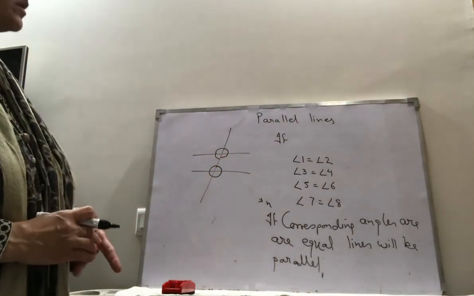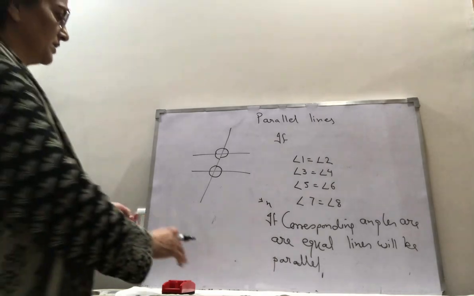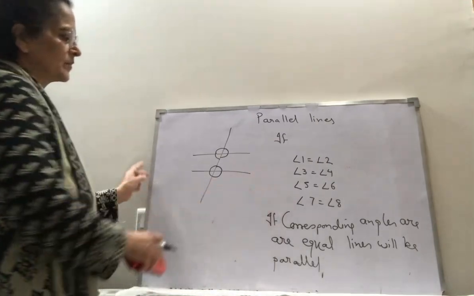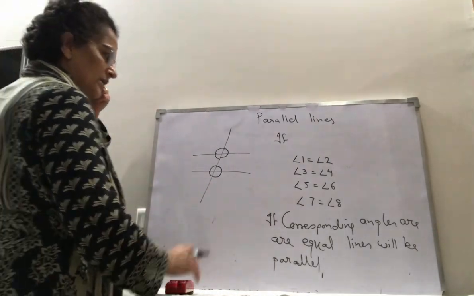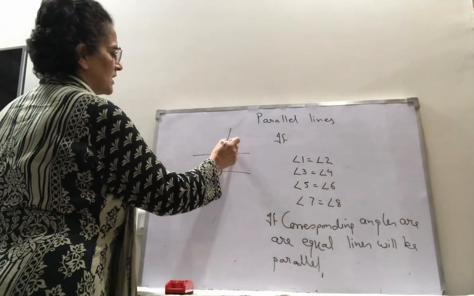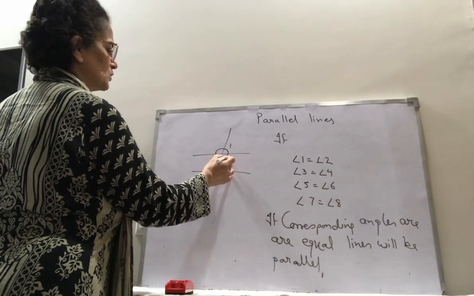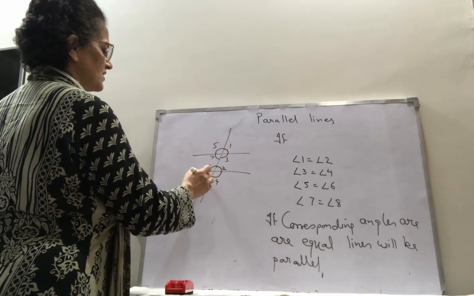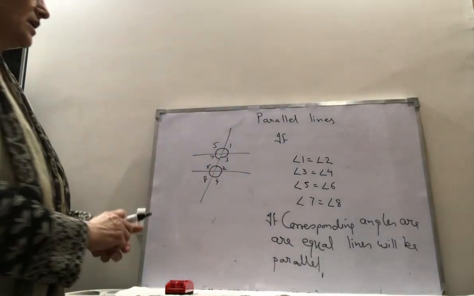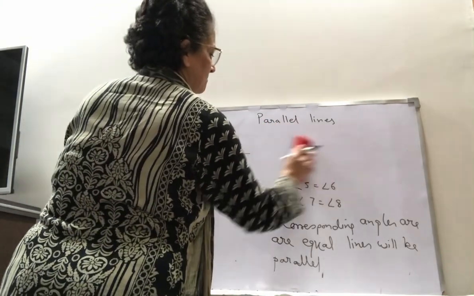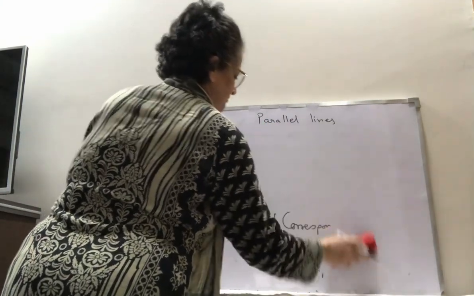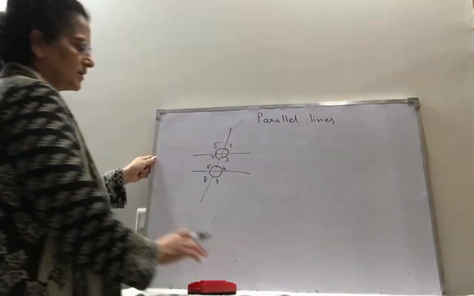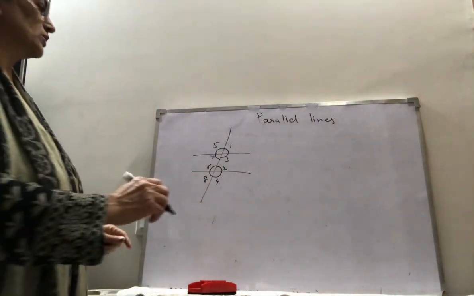Right? Now let's talk about alternate angles. What are my alternate angles? If I mark this as 1, 2, 3, 4, 5, 6, 7, 8. Again we'll understand both the things.